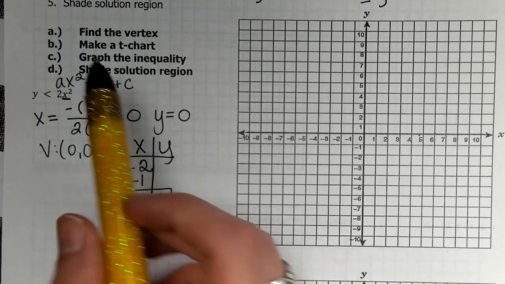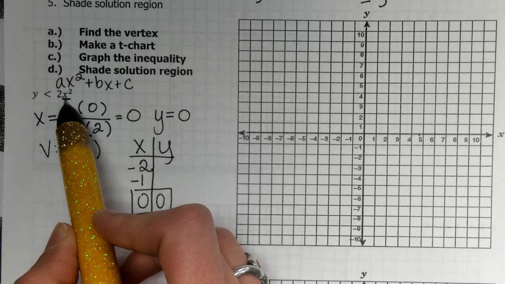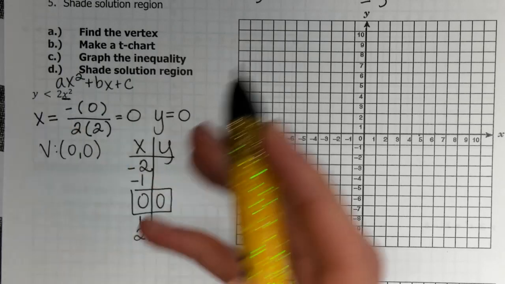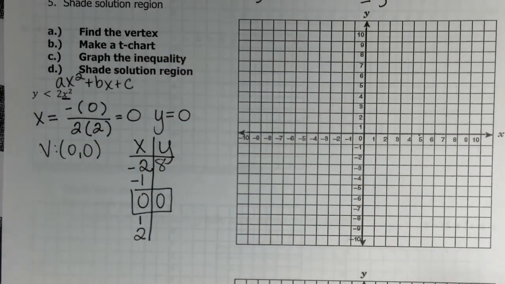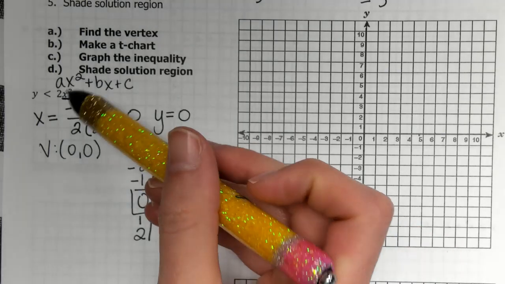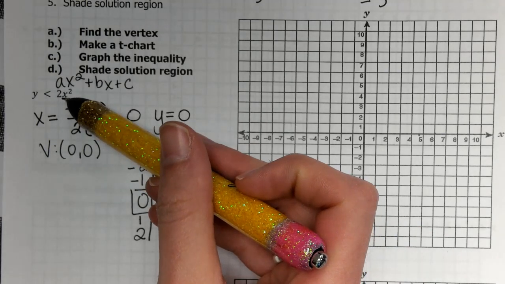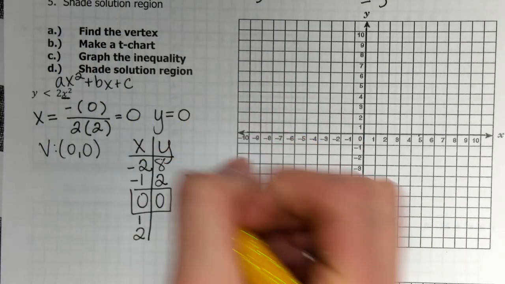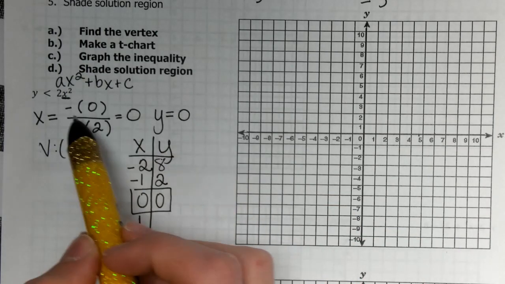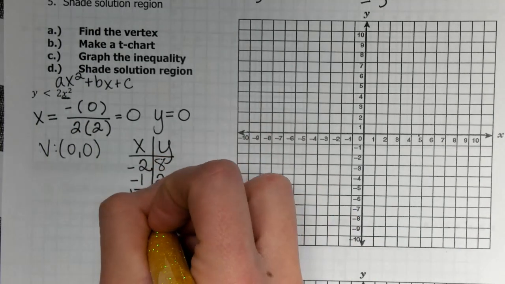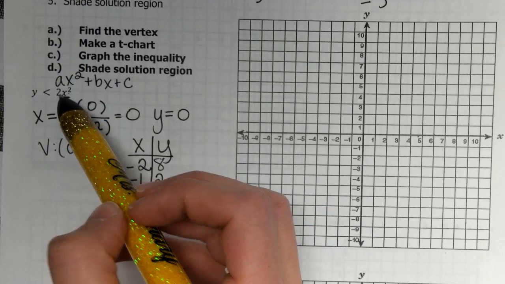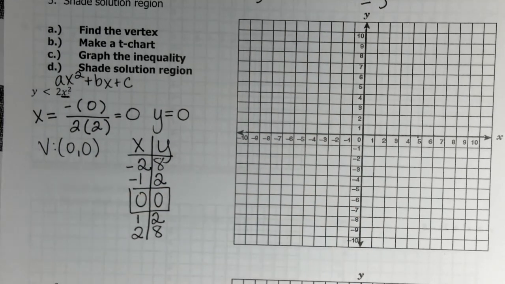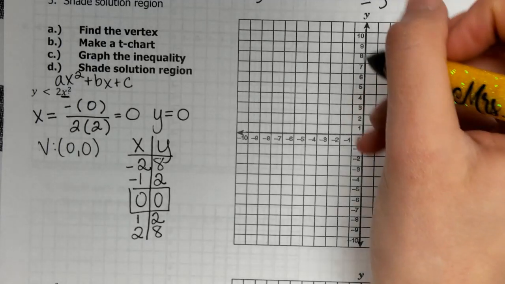If you take negative 2 and square it, that gives you a positive 4. 4 times 2 is going to give me 8. If I take negative 1 and square it, that's a positive 1 times 2 is 2. 1 squared is 1 times 2 is 2 again. 2 squared is 4 times 2 is 8.